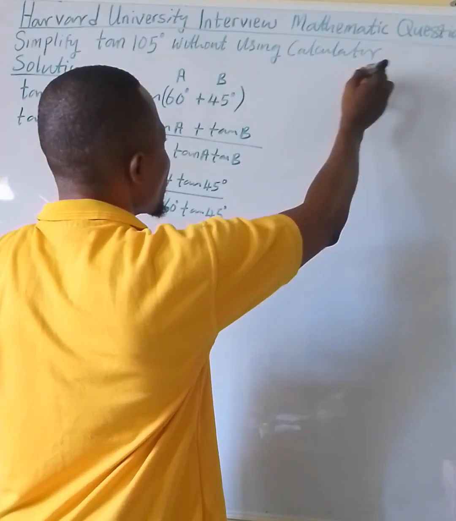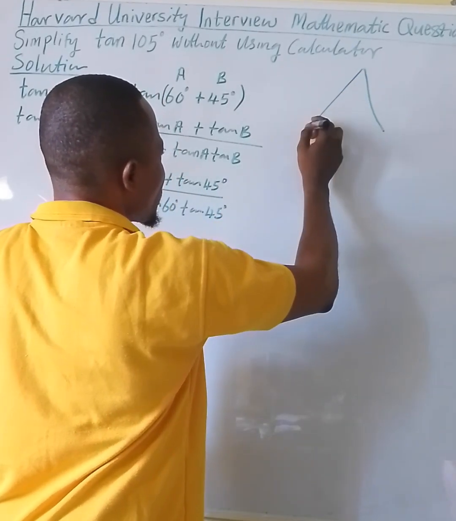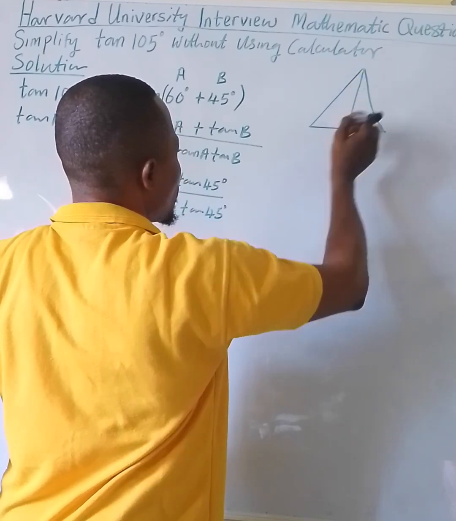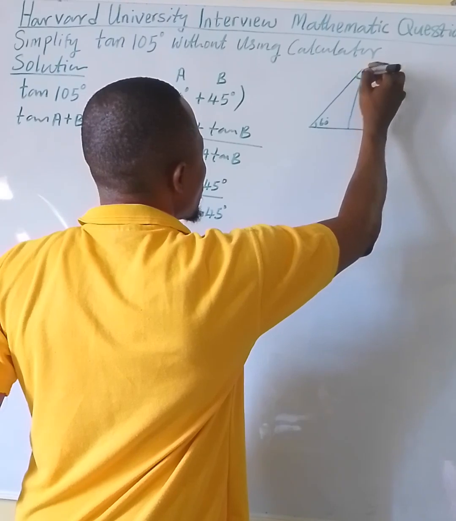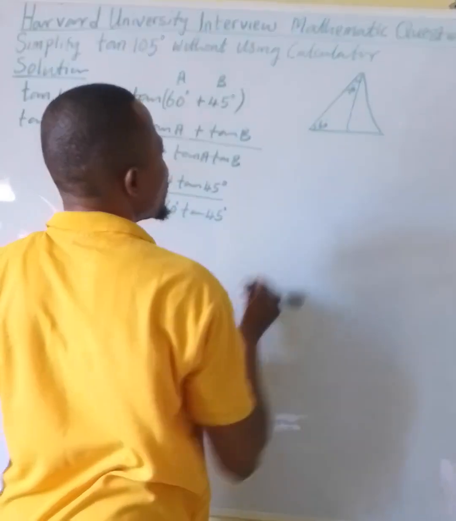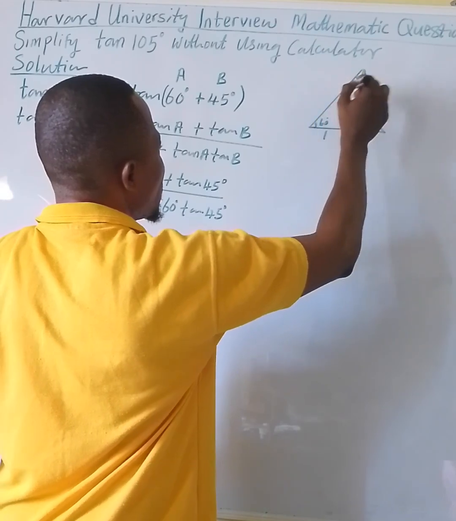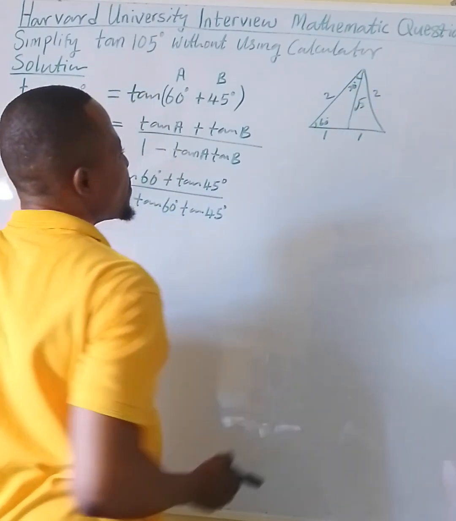So the special angle says, when you have it like this, let us manage the board. This one will be 60 degrees, this one will be 30 degrees. So this place will be 1, 1, 2, 2 and root 3.